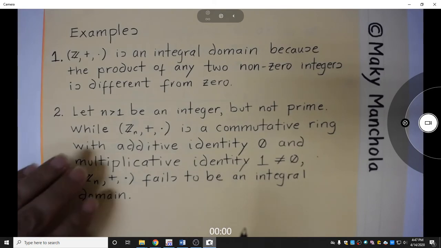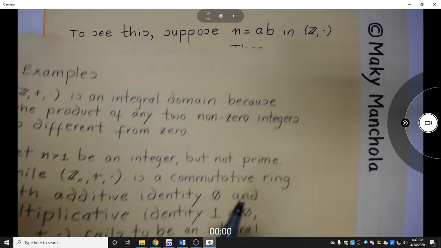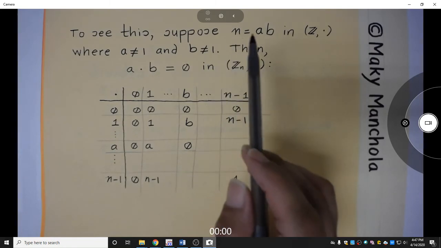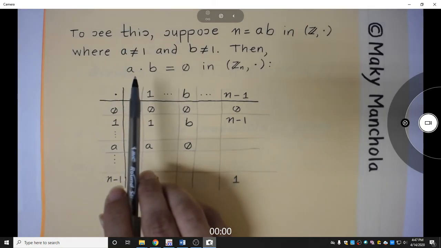The reason that is the case is because it is possible to take 2 elements within the set of integers modulo n whose product is 0.